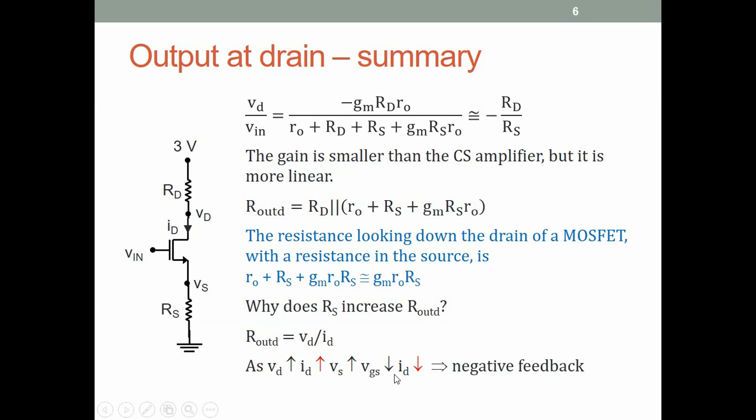That is why the overall change in drain current is very small, and if the change in drain current is small, then the resistance is large. So that is what is happening here. We will use this in a circuit called a cascode a lot later on.